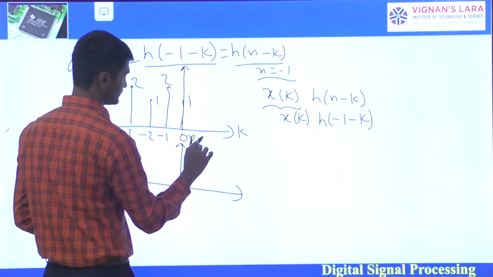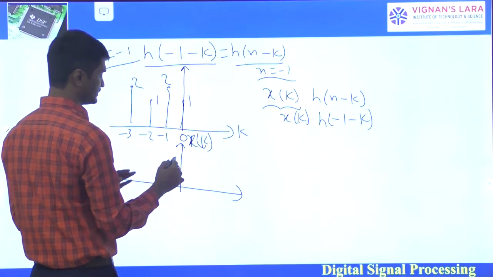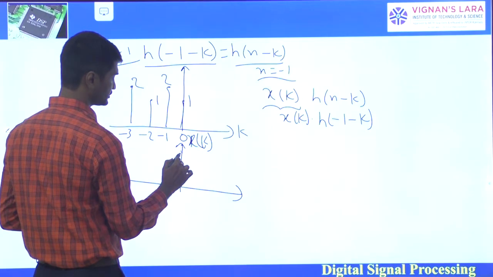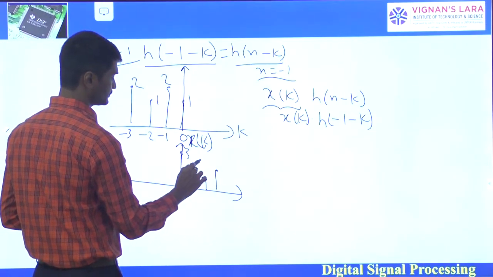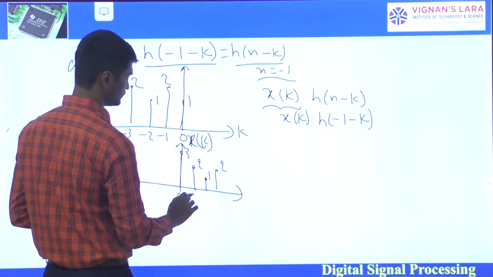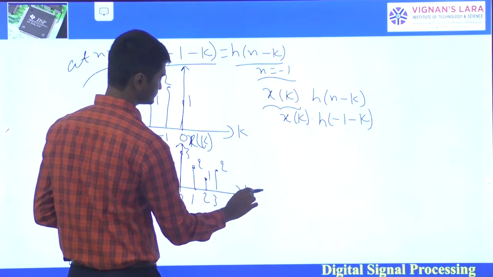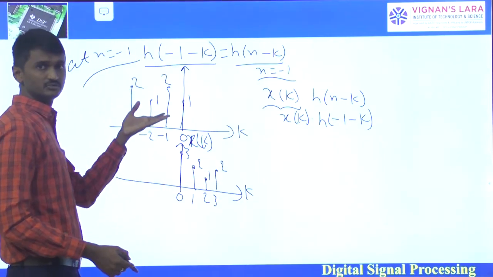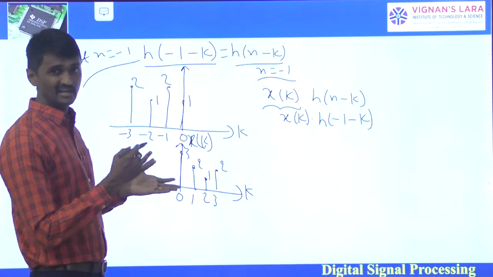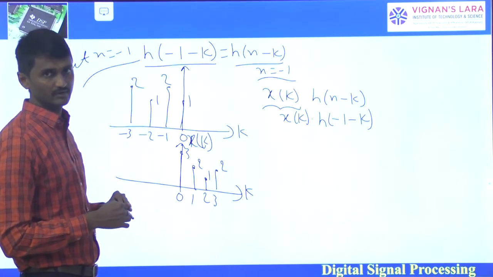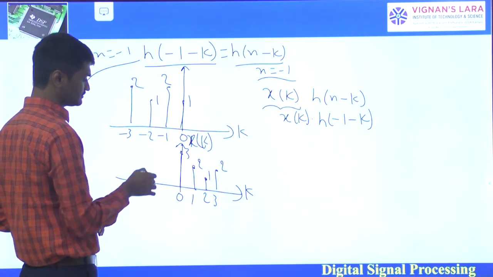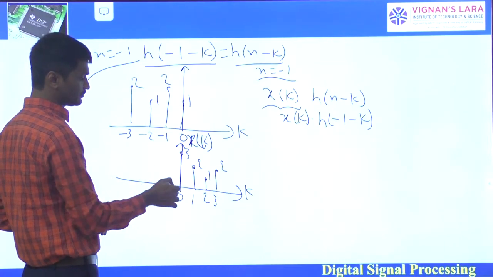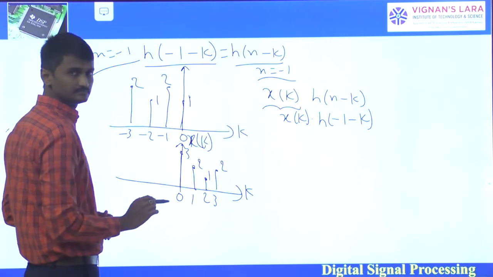So x of k is 3, 2, 1, 2 at 0, 1, 2, 3. Multiply these two sequences element by element. At minus 3, minus 2, minus 1, it is 0. At 0, it is 1 and 3.